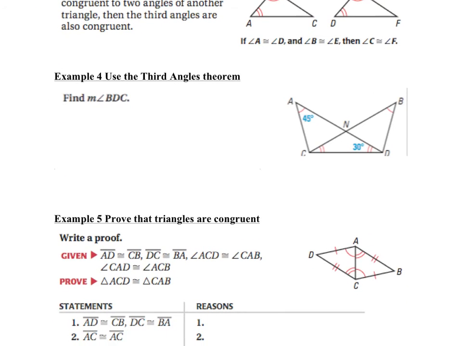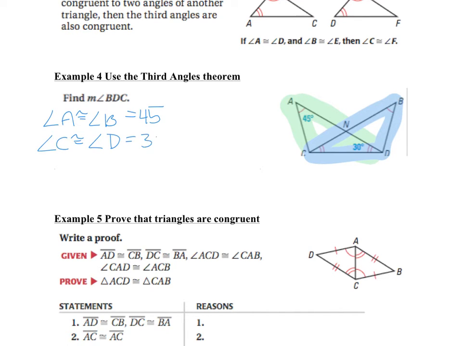So using that in a diagram, if you split this into two triangles, the green one and the blue one, we have angle A congruent to B, which equals 45, and angle C congruent to D, which equals 30.